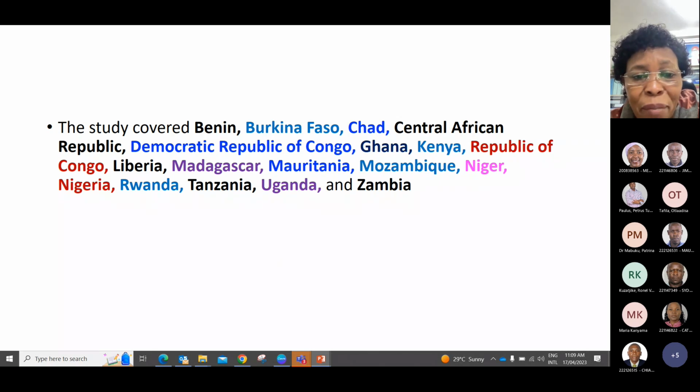Those countries are mentioned there. My own country was part of the study. We have Benin, Burkina Faso, Chad, Central Africa Republic, Democratic Republic of Congo, Ghana, Kenya, Republic of Congo, Liberia, Madagascar, Mauritania, Mozambique, Niger, Nigeria, Rwanda, Tanzania itself, Uganda, and also Zambia.